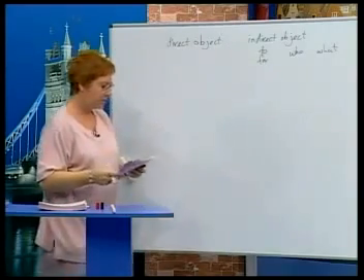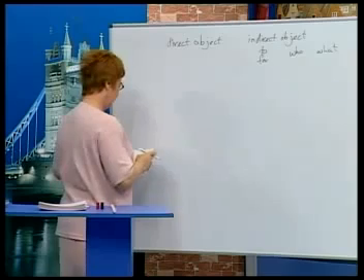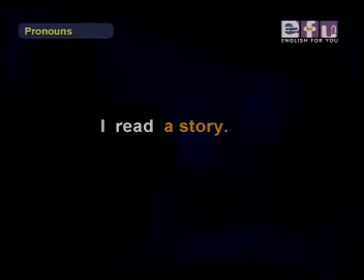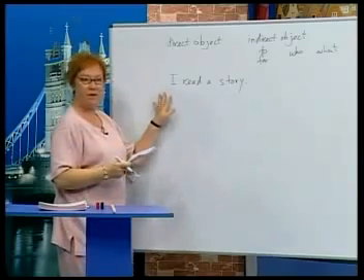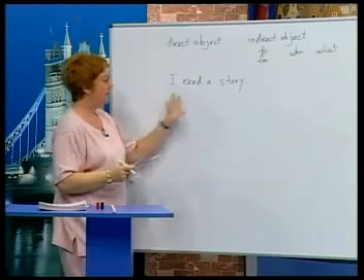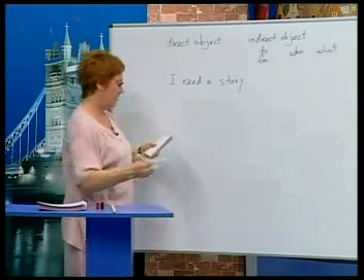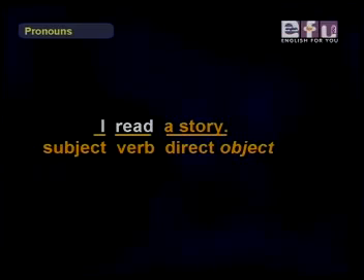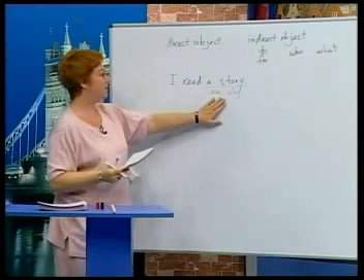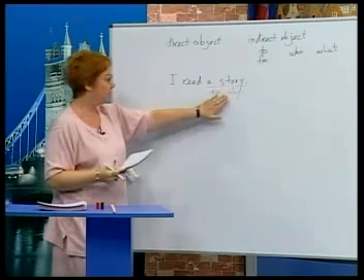Now, look at this sentence. I read a story. I read a story. Okay? Now, the story is the direct object. It answers the question, what did you read? What did you read?